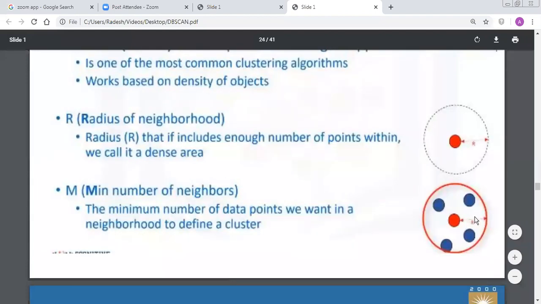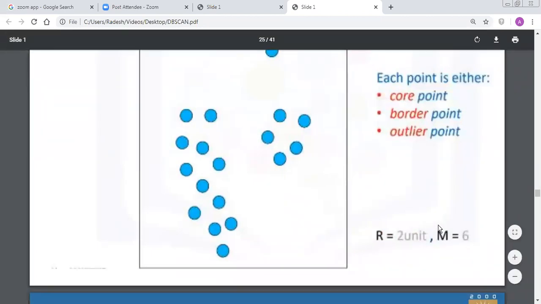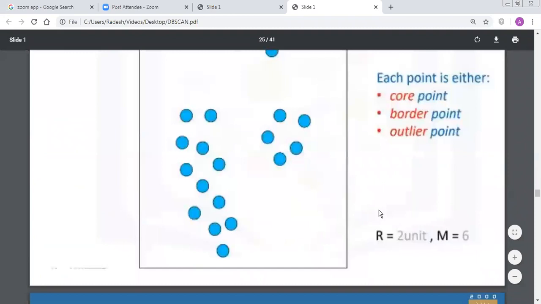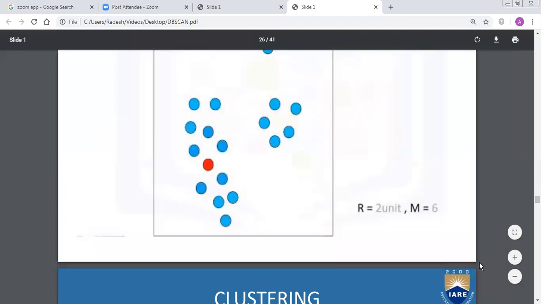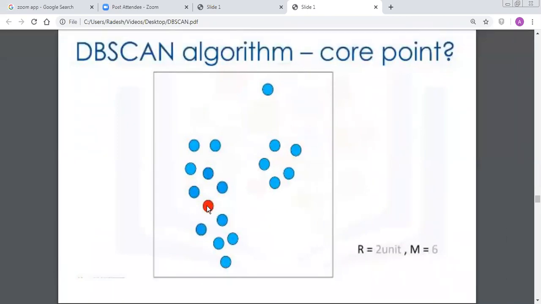This radius, which we have calculated, should be 2 units, 2 centimeters or 2 millimeters, across which we are going to draw a circle. And this 6 represents the minimum number of points which need to exist in this particular circle, including this core point. I am arbitrarily selecting a point randomly as a core point, and I am going to draw a circle around it, and I should see whether the minimum of 6 points criterion is met or not.